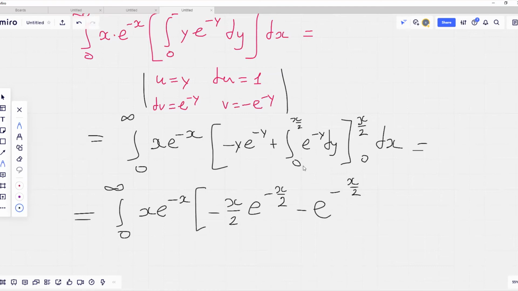When y is equal to 0, that will be 1, so plus 1, dx.